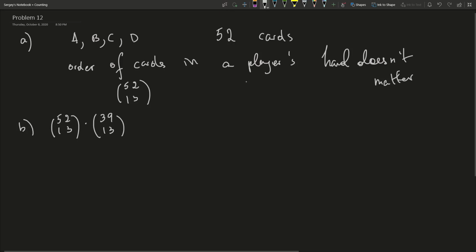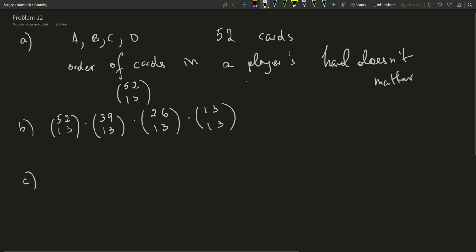Once those 13 have been given to player B, in our deck we now have only 26 cards left, so there are 26 choose 13 ways to assign 13 cards to player C, and once those 13 have been handed, there are now only 13 cards left in our deck, and those go to player D.